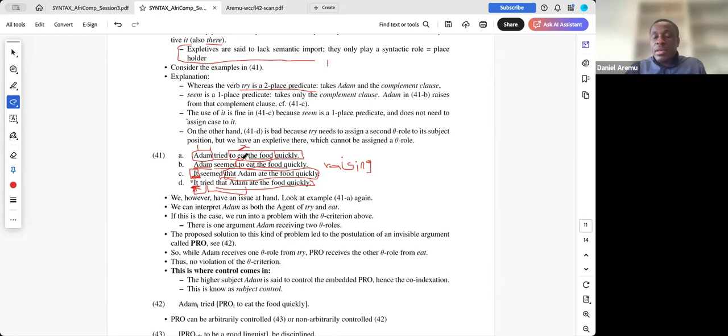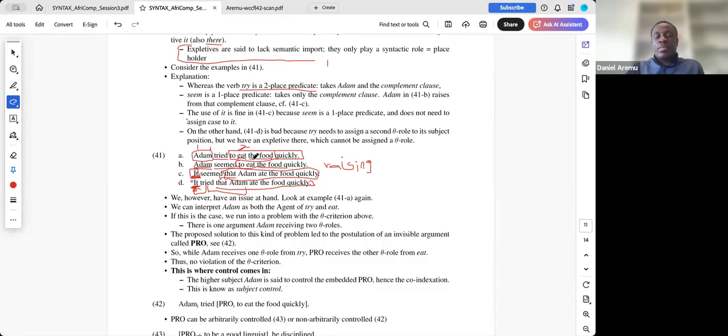So the first verb, try, takes the whole of the non-finite clause as its complement, while the second verb, the non-finite verb to eat, takes the food as its complement. So in this case, try takes both Adam and the whole non-finite complement as its second argument, and not the food, basically. Is that clear?